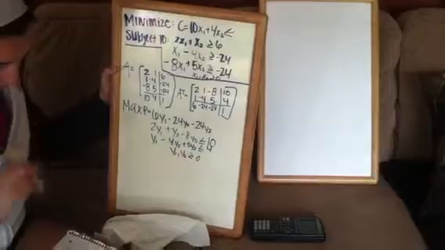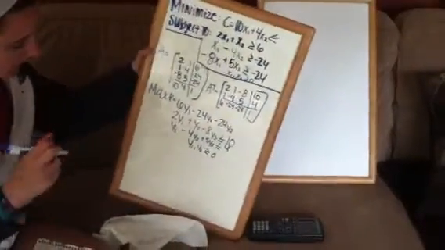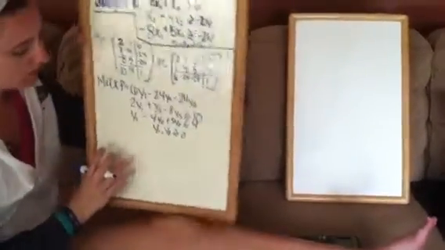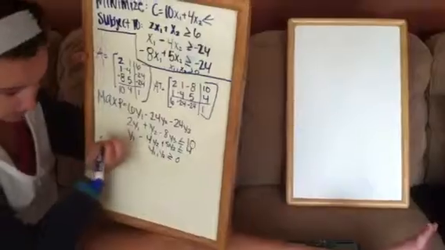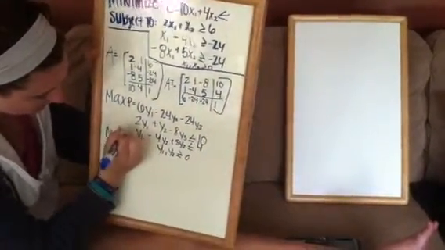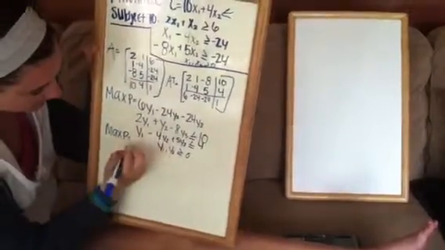Okay, now to create our initial simplex tableau, we do kind of the same thing, but we have to put in our slack variables here. So this is what it's going to look like. We need to get our objective function equal to 0.